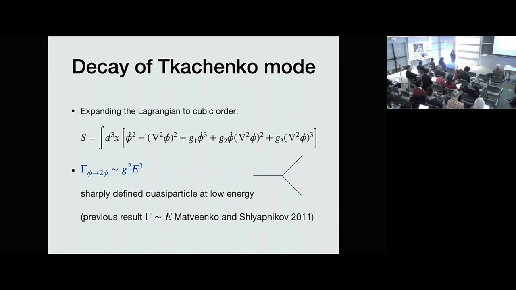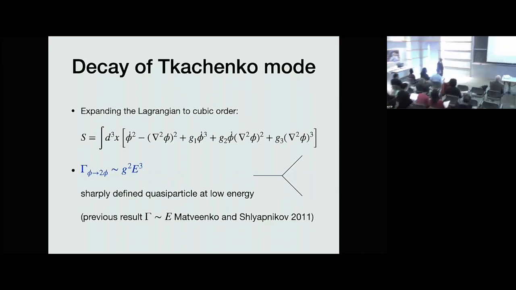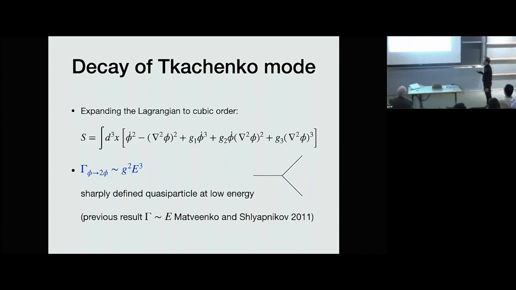One can actually identify these terms with certain properties of the whole system. For example, G2 would be equal to the derivative of the Young modulus over density, over chemical potential.